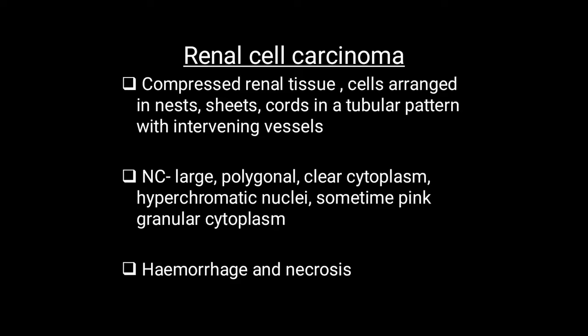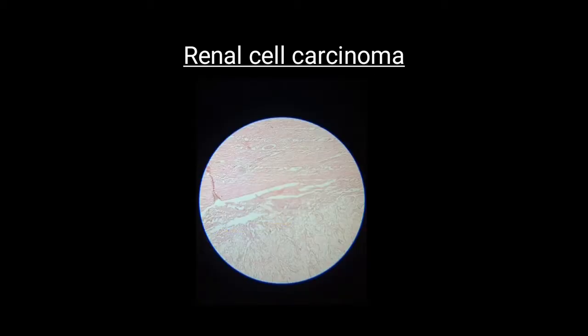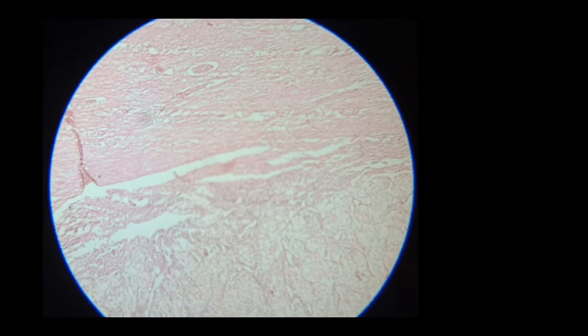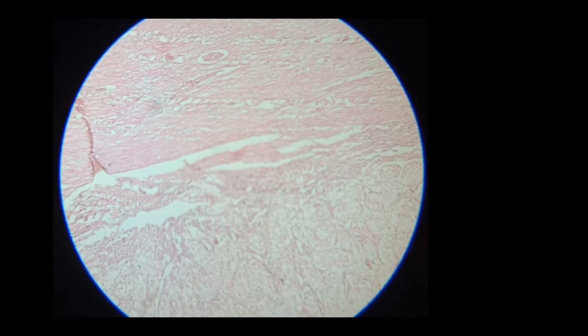The characteristic neoplastic cells are seen here, which are large, polygonal, with clear cytoplasm and hyperchromatic nuclei. Sometimes pink granular cytoplasm is also seen in the cells, and occasional hemorrhage and necrosis are observed in renal tissue. This is the histology of renal cell carcinoma.